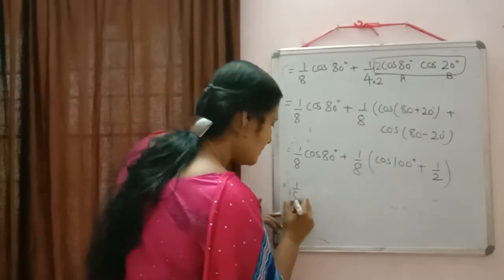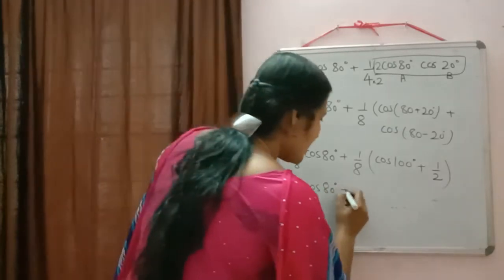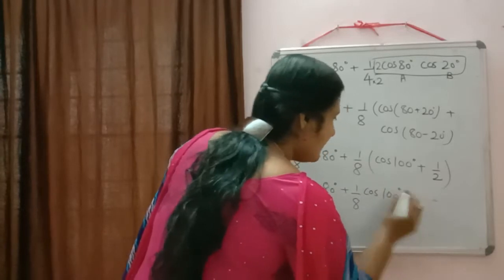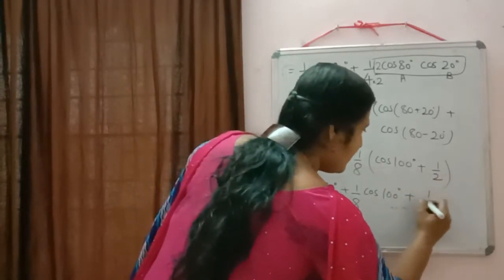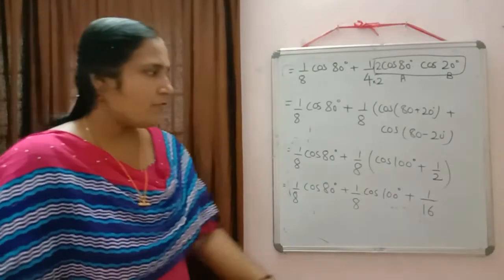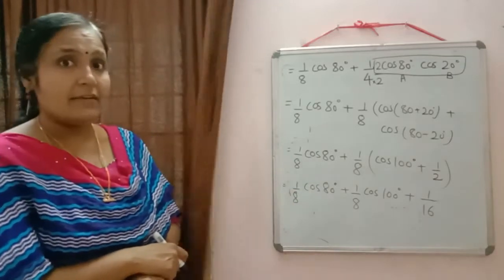Then it will be equal to 1 by 8 into cos 80 degree plus 1 by 8 into cos 100 degree plus 1 by 8 into 1 by 2 is 1 by 16. I think in the proof we need 1 by 16 only. So that we got, 1 by 16 we got.